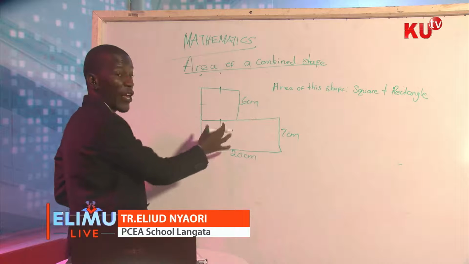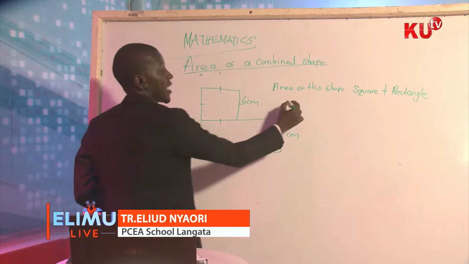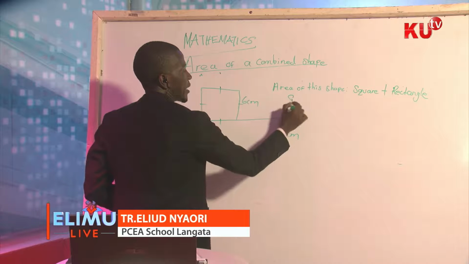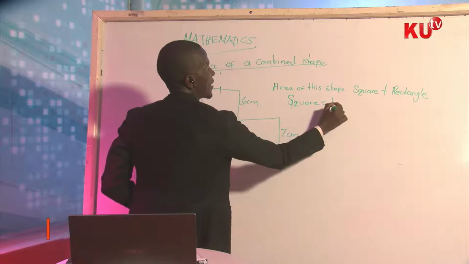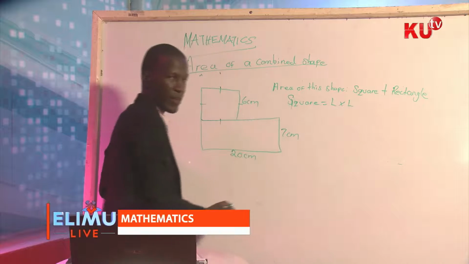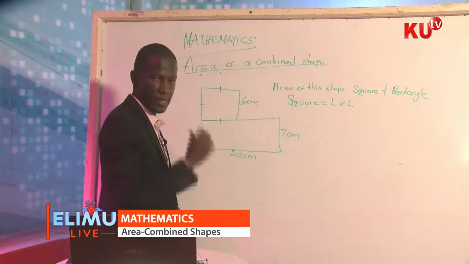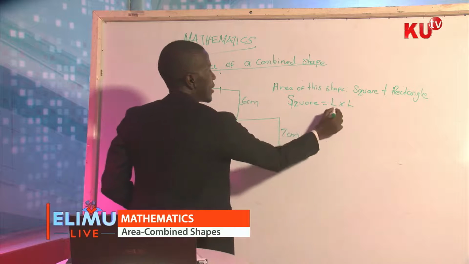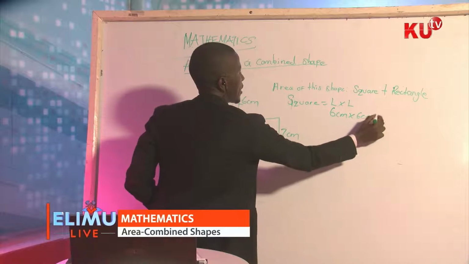So we're going to find the area of the square. We have said the formula for finding the area of the square is length times length. What is our length? Our length is 6 centimeters. 6 centimeters times 6 centimeters.